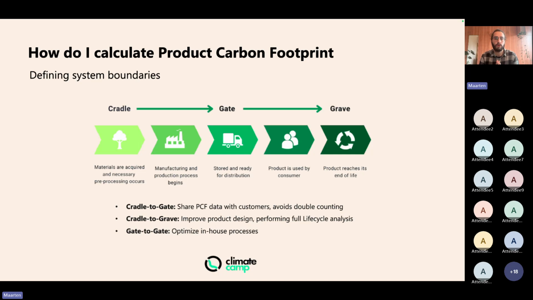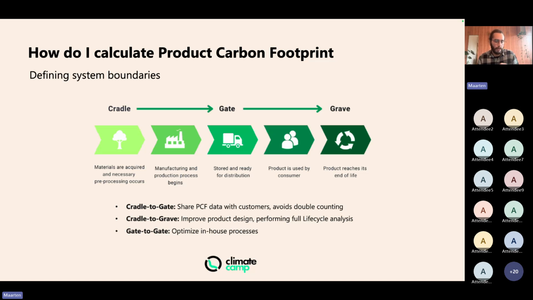So let's dive into how I should calculate it. You first start with defining system boundaries. When you calculate product carbon footprint, we're talking about the entire product lifecycle from cradle to gate to grave. So from raw material extraction, processing, manufacturing, distribution, up until usage by the customer and end of life.